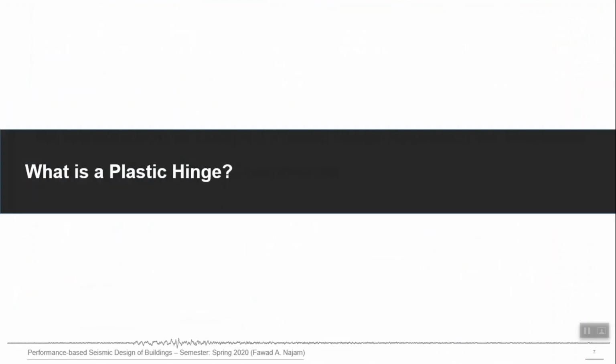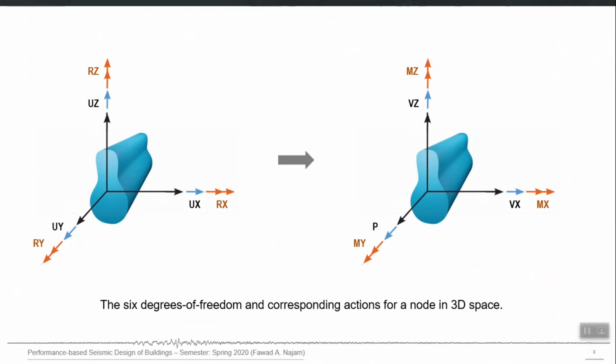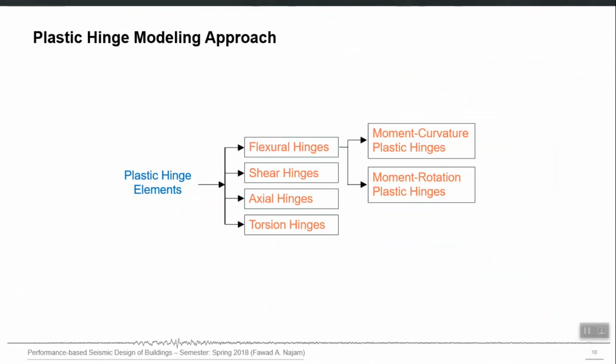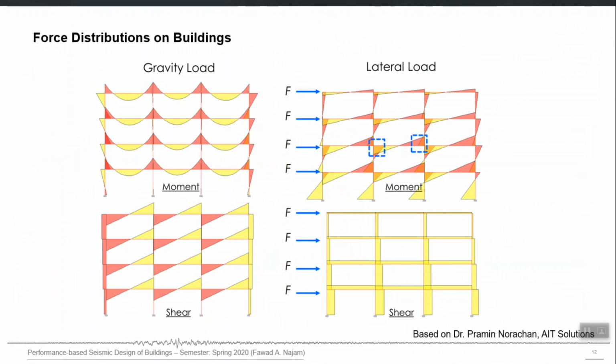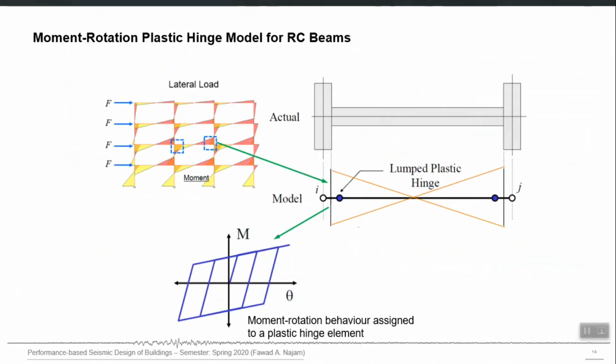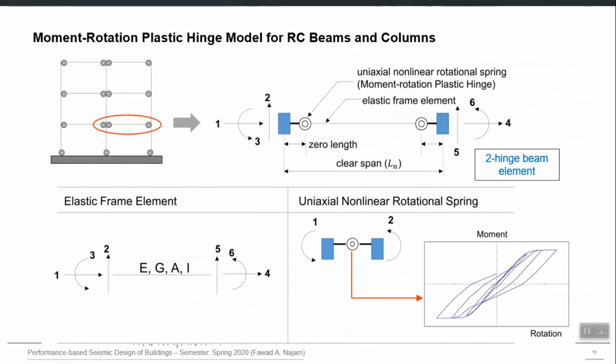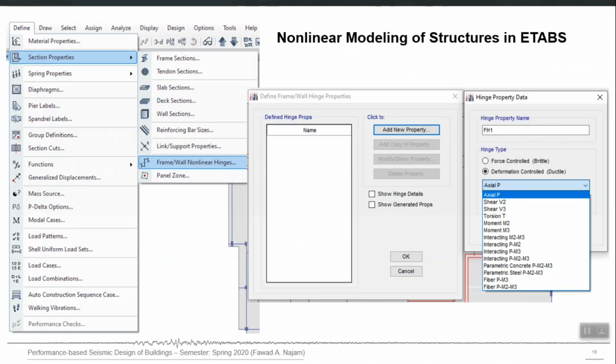So let me directly go to the point where we left last time. We discussed that there are two types of plastic hinges available in ETABS. One is the uncoupled type, in which you use the force deformation behavior or action versus deformation behavior in an uncoupled form only for a particular degree of freedom. And these hinges in ETABS are located here. In section properties you can go to wall frame nonlinear hinges, and then you can define a new hinge, and then before actually giving its force deformation behavior or action deformation curve, you first have to select the type of hinge.